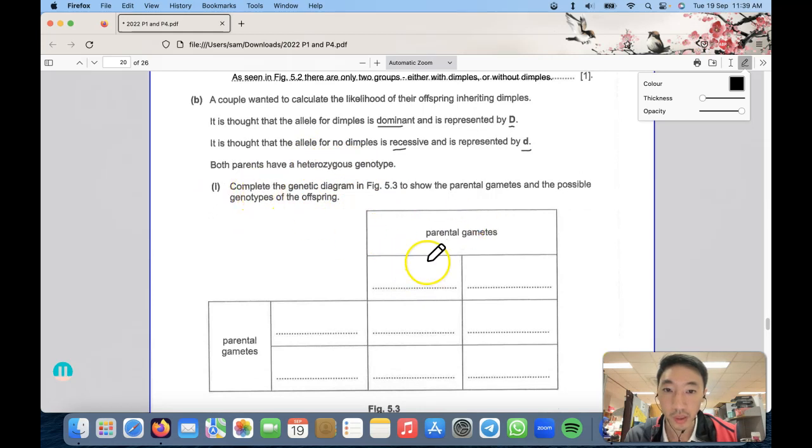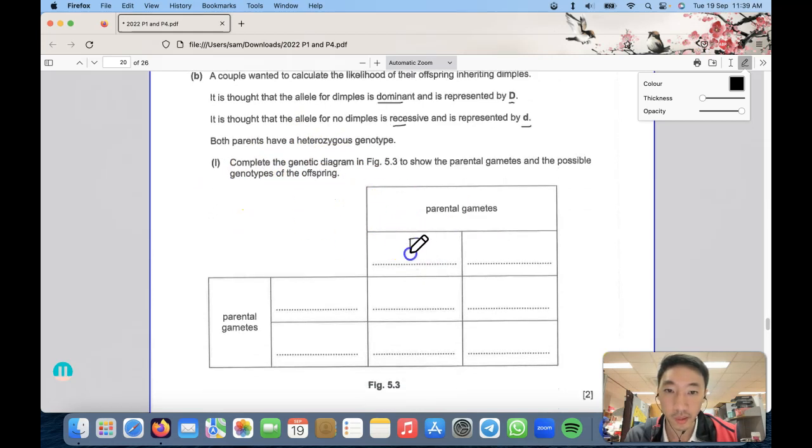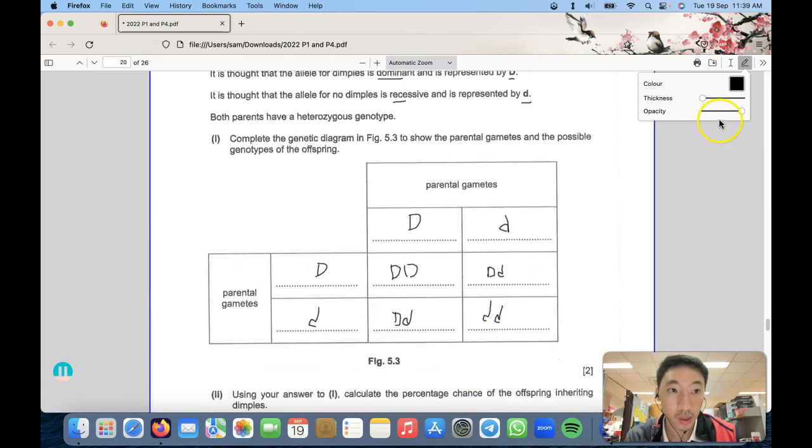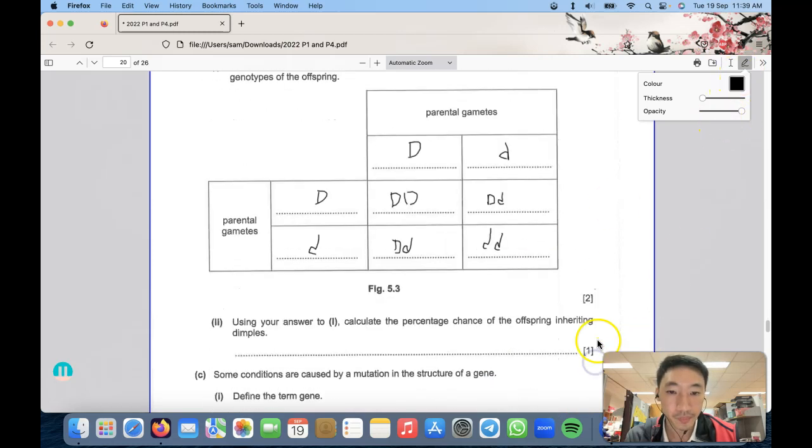So both parents have one big D, one small d. Okay, let's put the big one first. Don't put the big one behind the small one. So big D, small d, big D, small d. Okay, easy 2 marks.